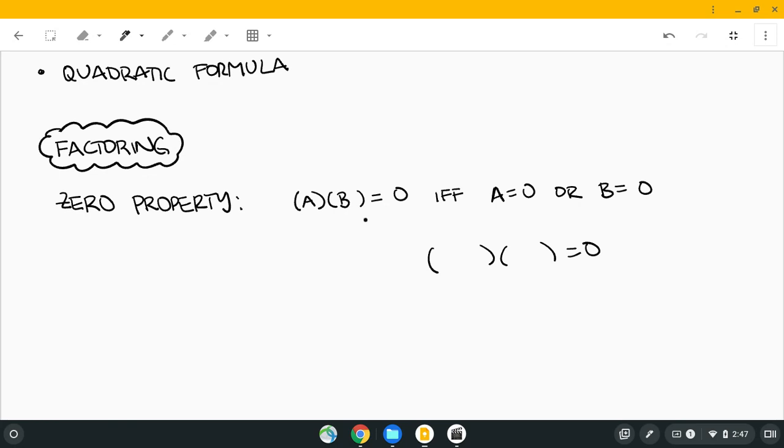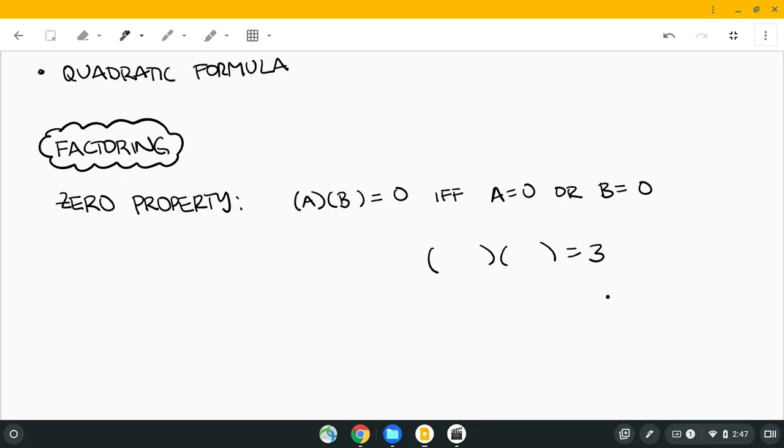Okay, and this is true only for factors whose product is set equal to 0. Let's suppose we have it set equal to 3. This is not the case that one of them has to be 3. Okay, so one of these does not have to be 3.